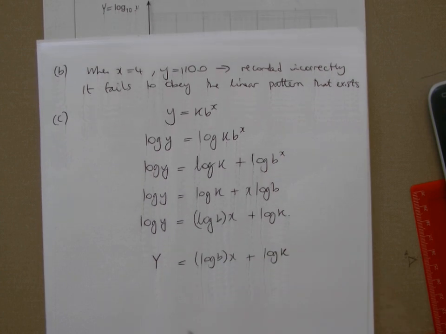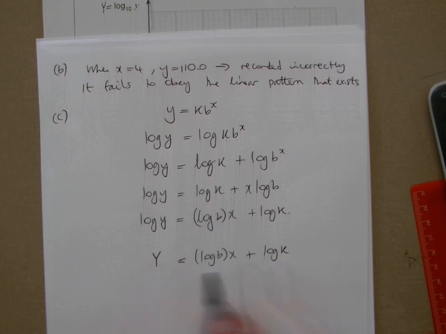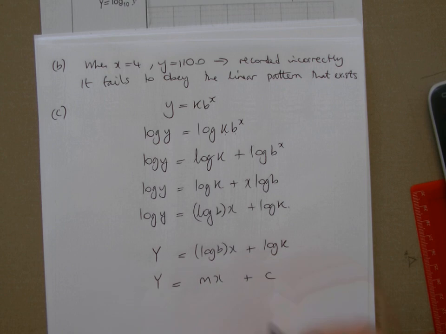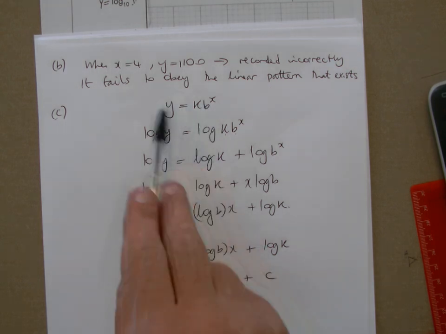Now I want you to appreciate what we've got here. This looks similar to y equals mx plus c. That's why we've got a straight line, because the values obey this exponential.